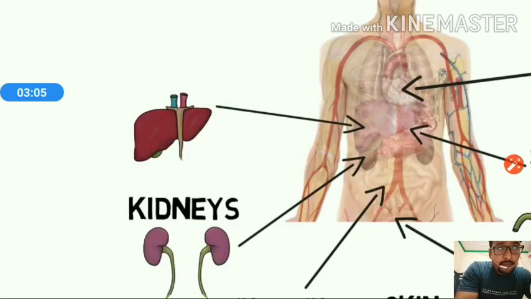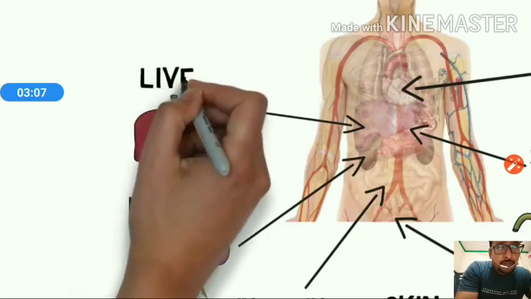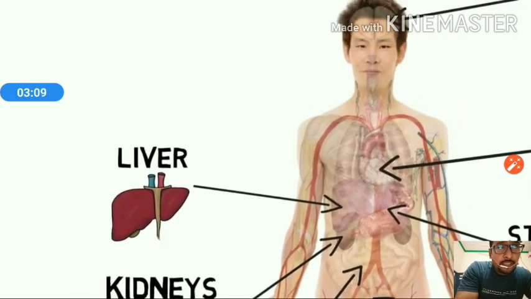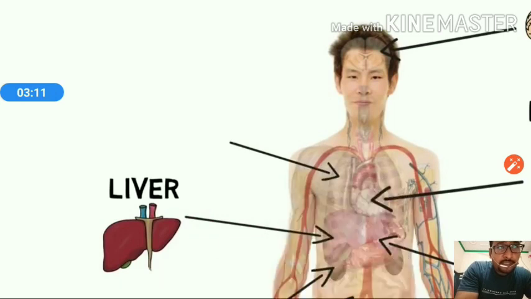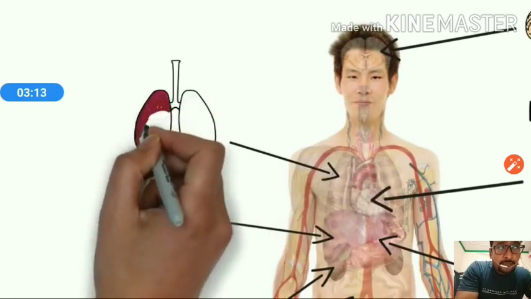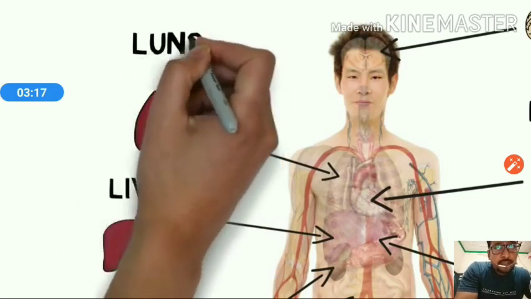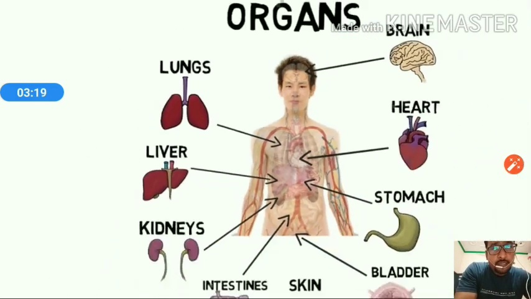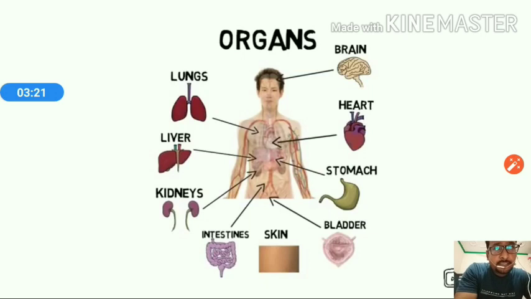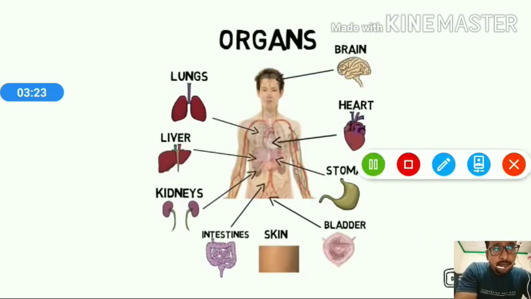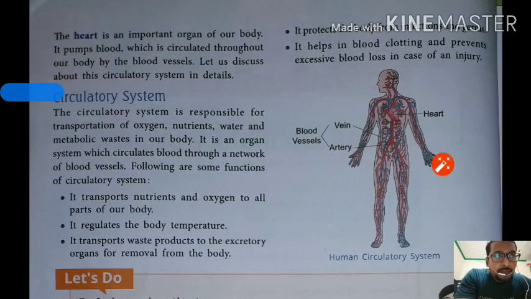Then we have the liver, which helps in digestion and secretes various enzymes. Then we have lungs to purify our blood. So these are the organ systems we generally have, and this is the video.